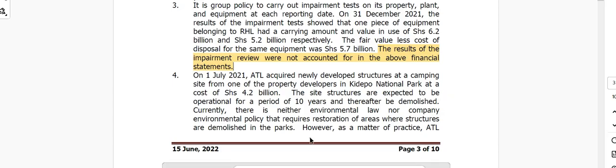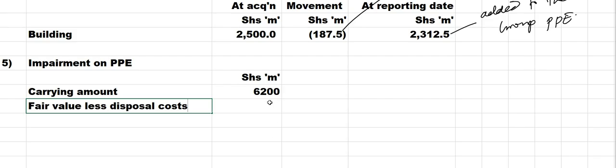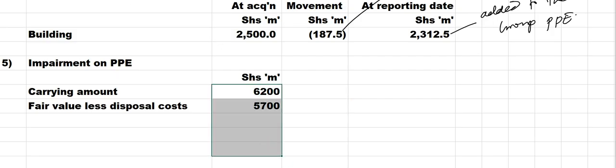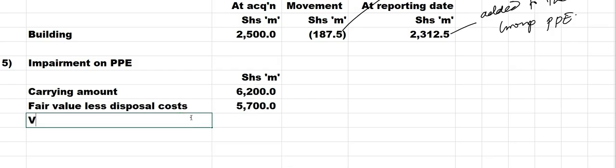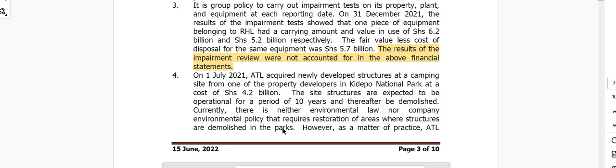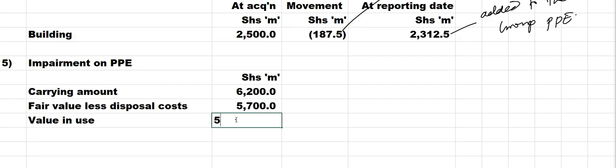The fair value is 5.7 billion. Then you also have the value in use. The value in use is 5.2. That's our value in use.